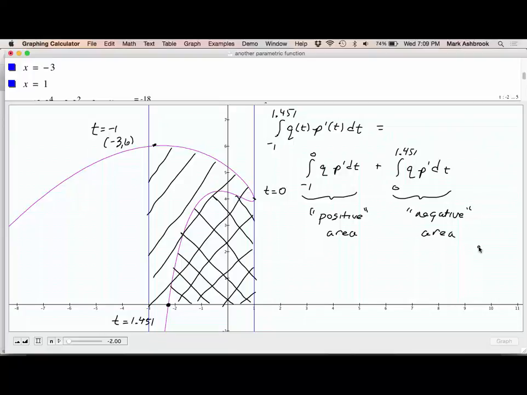So then the resulting integral will be what? The resulting integral will represent what? The area. Can you see what area it'll represent?